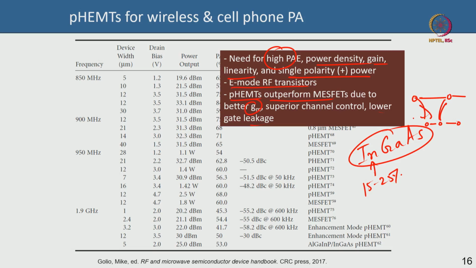The moment you grow thicker or higher composition, say I want to grow 50% indium gallium arsenide, the strain will be so much, because the higher the indium, the more the lattice mismatch, between 50% indium InGaAs compared to say 10% indium InGaAs, because lower indium means it is more like gallium arsenide, and more indium means it is more like indium arsenide. So 50% InGaAs will have so much lattice mismatch with gallium arsenide that it will relax. What relaxing means is that it will no longer be able to accommodate the strain in itself.